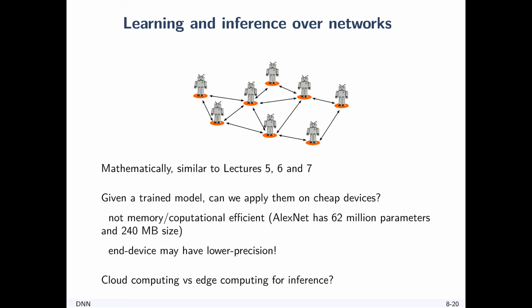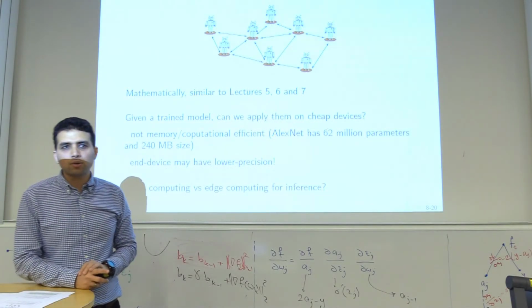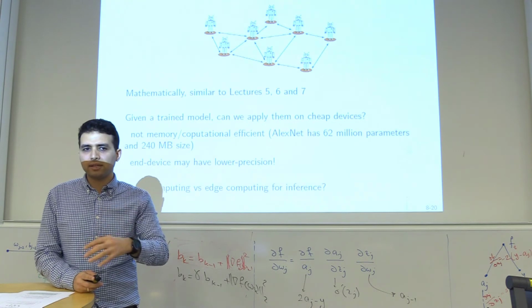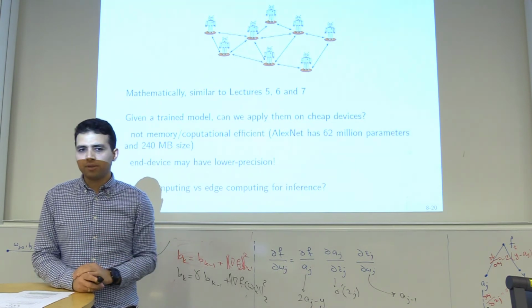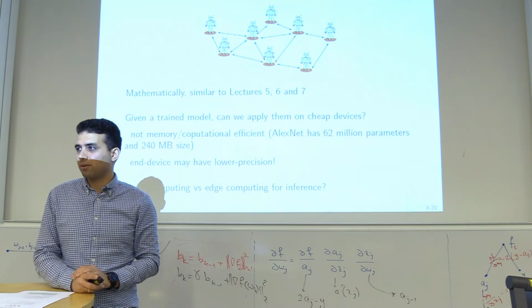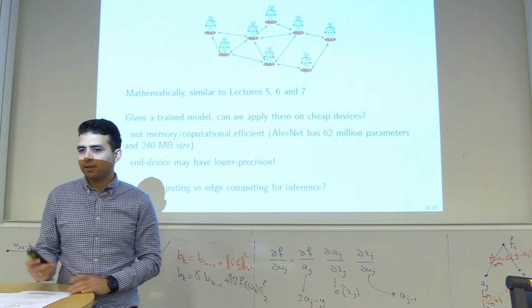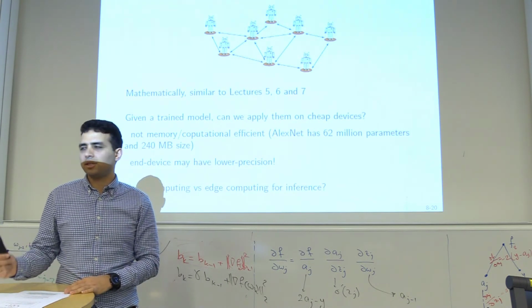Given a trained model, one that you can actually download is AlexNet for classification tasks, and this AlexNet has 62 million trained parameters. So you don't really need to train it. You can just download it and install it in your object detection in your camera, for example, or in your cell phone. And then you now have a 1,000-object detection classifier.